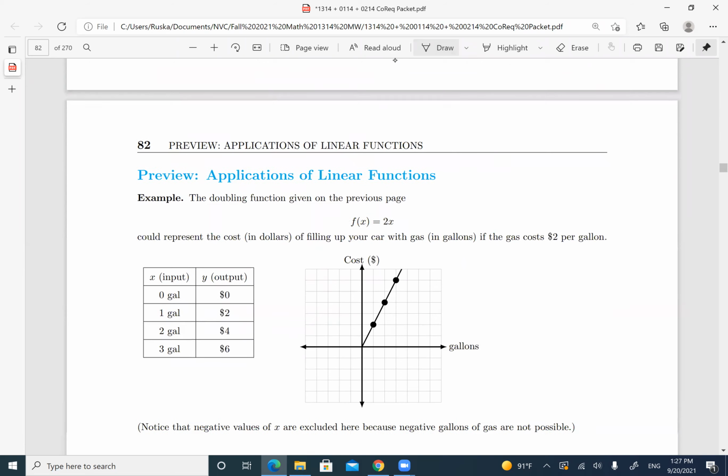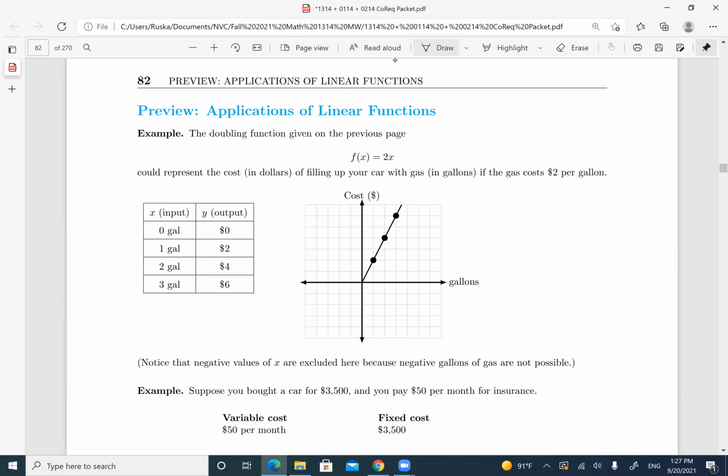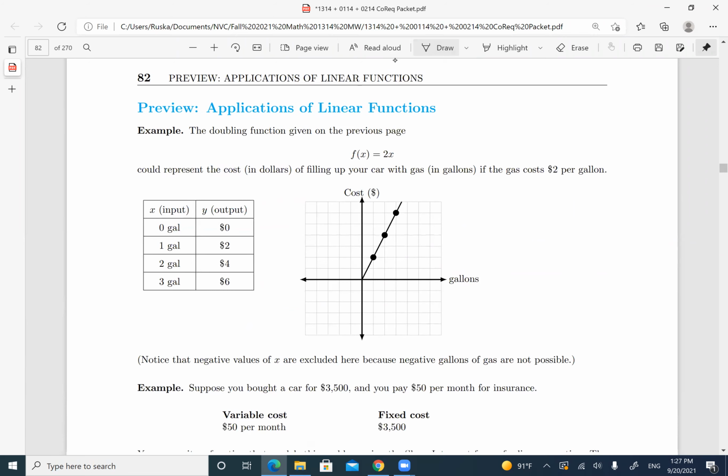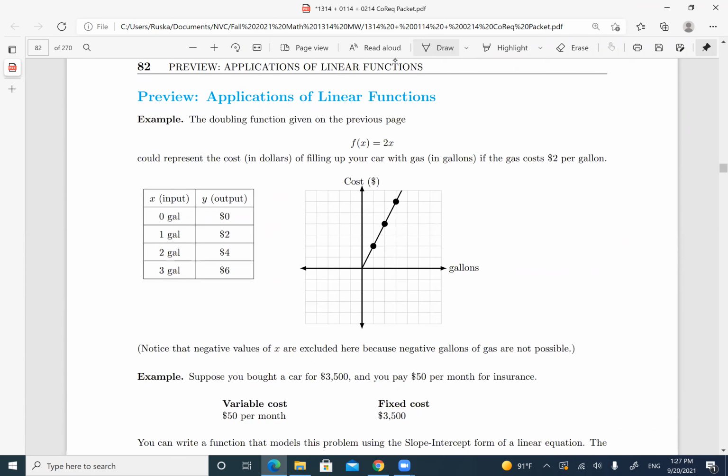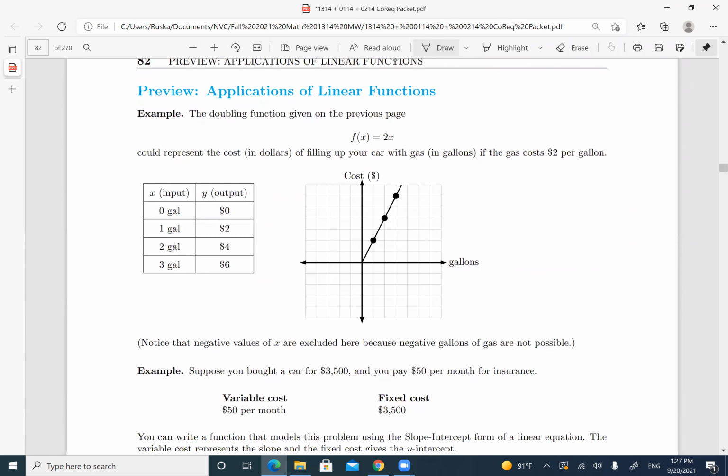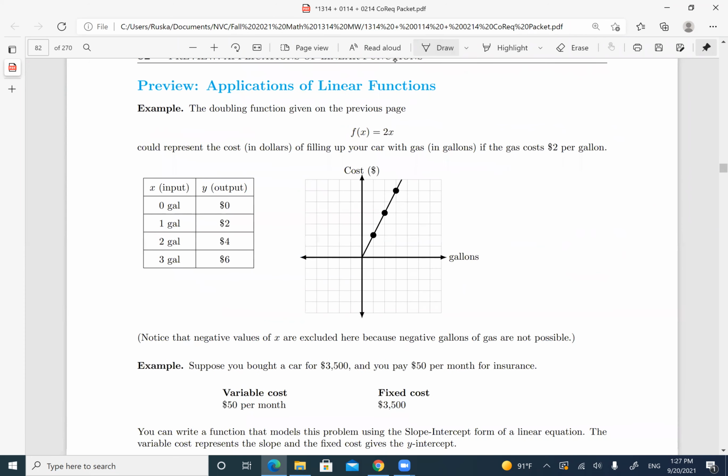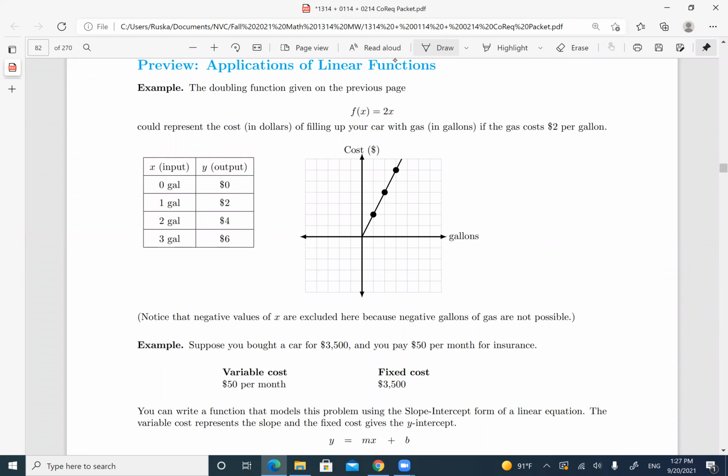And here we have an example. We just talked about the 2x function. You have the input, the output. So in this case, they give me that y equals f of x or y equals 2x can represent different things.